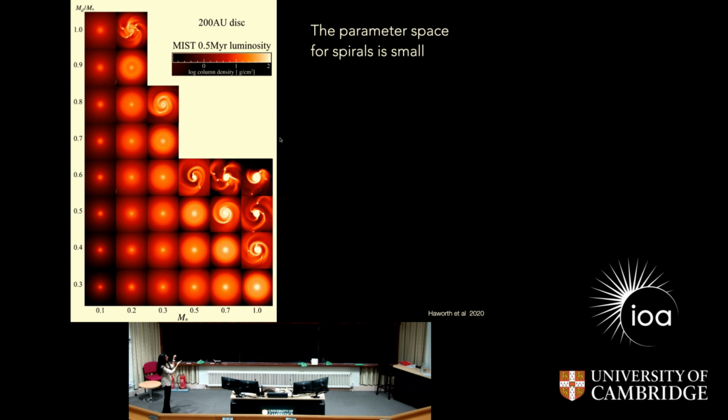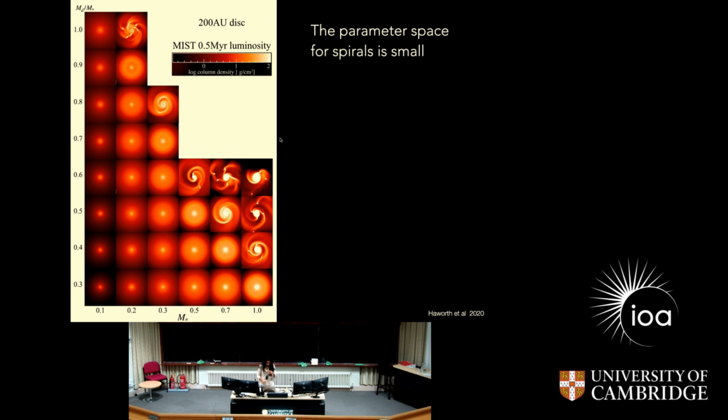We can increase those, and then we might see those spiral structures. But if we continue to increase, that disk is so massive that it can fragment and break apart. And again, here we've lost that spiral structure. So there's this smaller parameter space in between where you might actually see spiral structures.